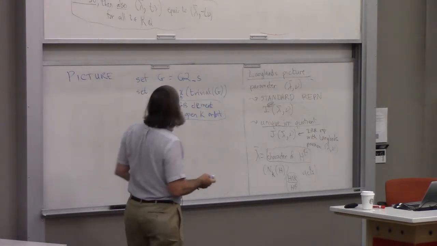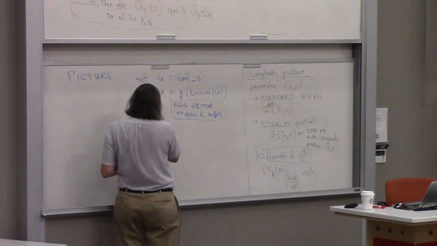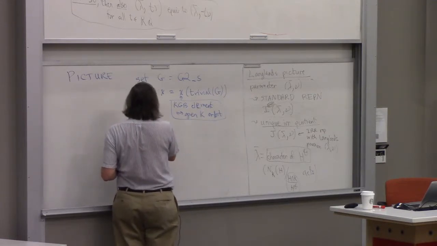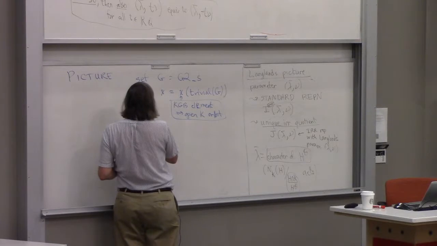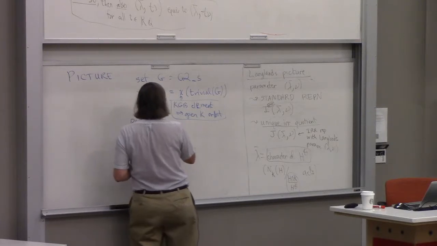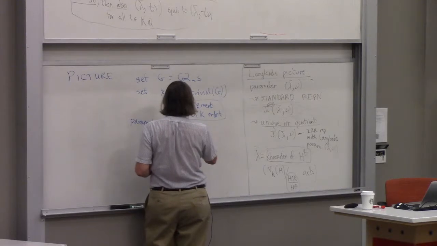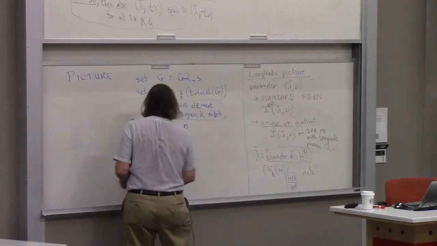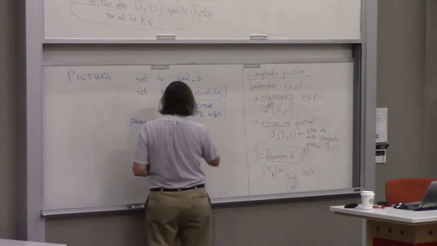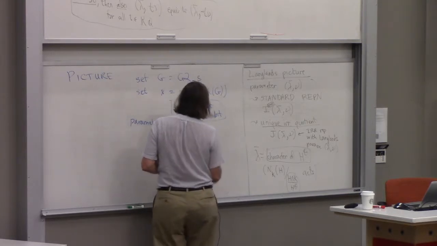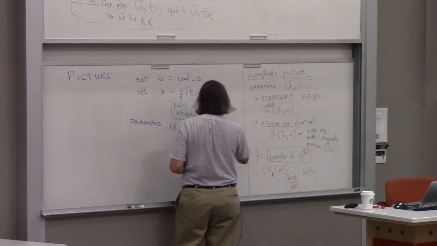And the representations that we're looking at here are given by x and, well, rho of G and anything.